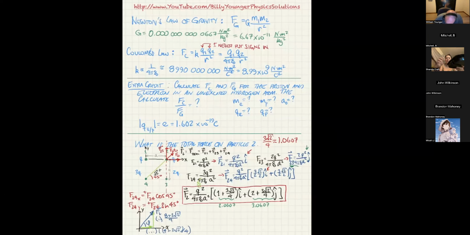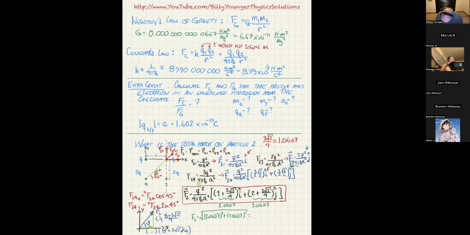Now all I have to do is take F2 is equal to the square root of 2.0607 squared plus 3.0607 squared.